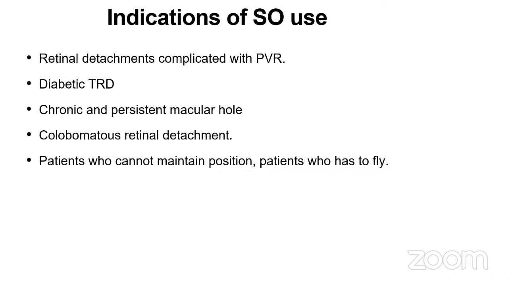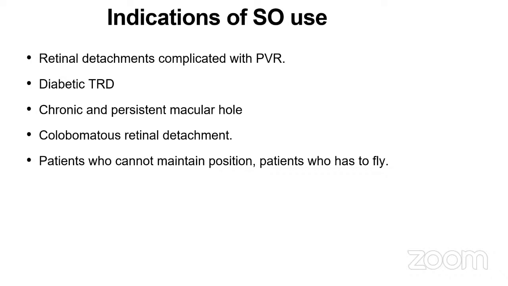Here, apart from providing tamponade and keeping the retina attached, silicone oil also prevents post-operative retinal hemorrhages, which are more common in diabetics. And it also prevents anterior chamber neovascularization, rubeosis iridis, and potential neovascular glaucoma in these cases.